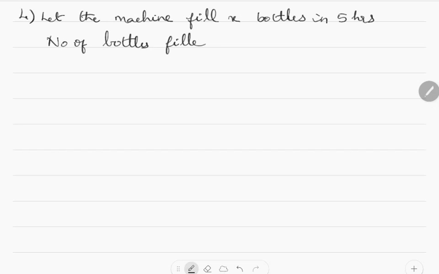Number of bottles filled is 840. Number of hours, for this it is 6. Then for 5 hours it is x2.